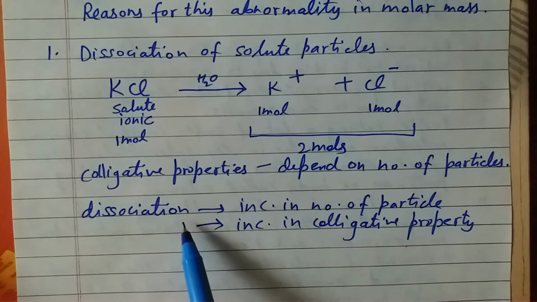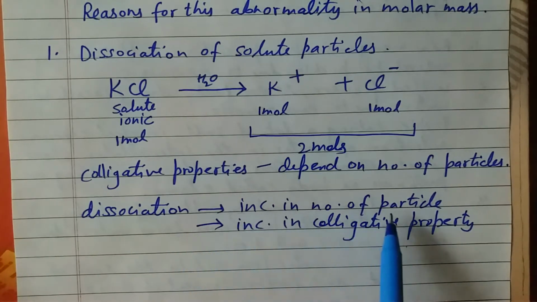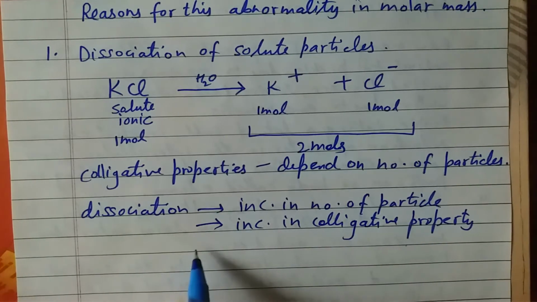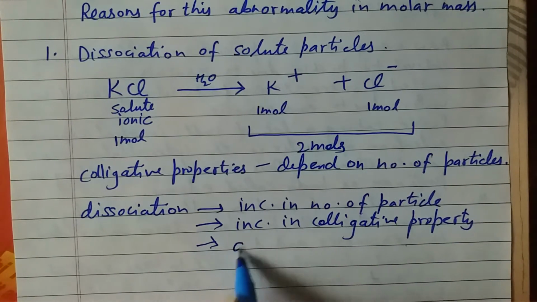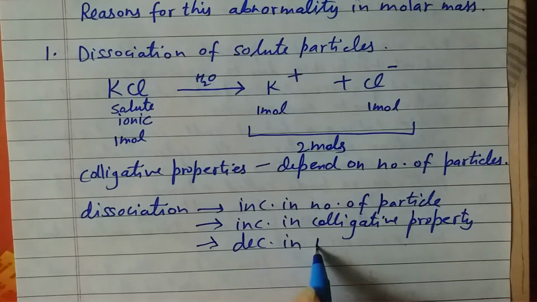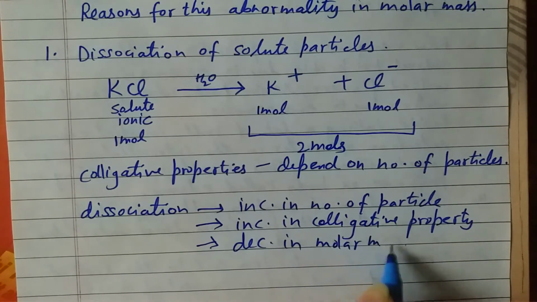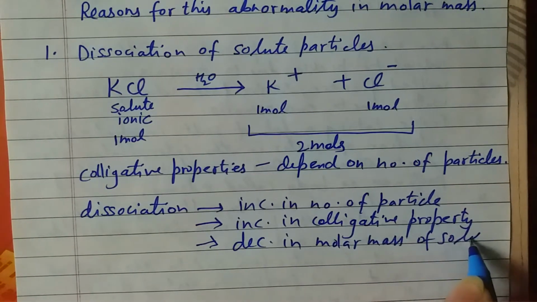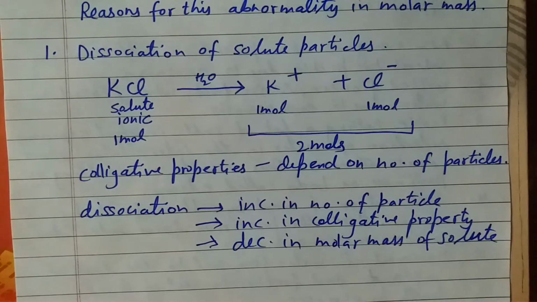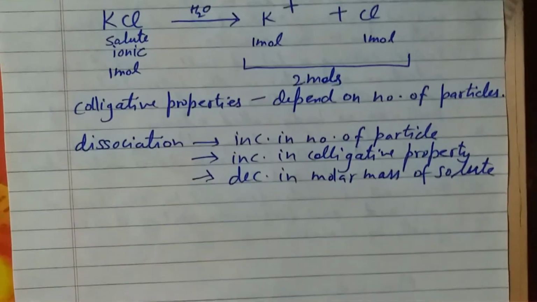Also, this increase in the colligative property results in a decrease in the molar mass of the solute. When the number of particles increases and the colligative property increases, the molar mass of the solute is going to decrease. Now let me explain how this will happen.